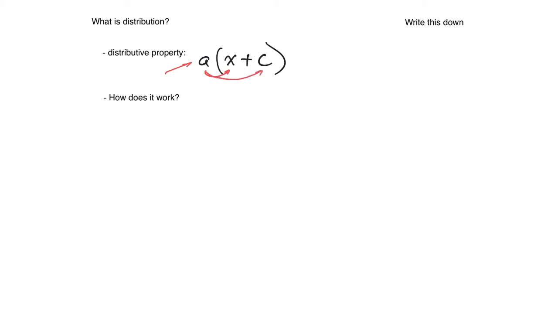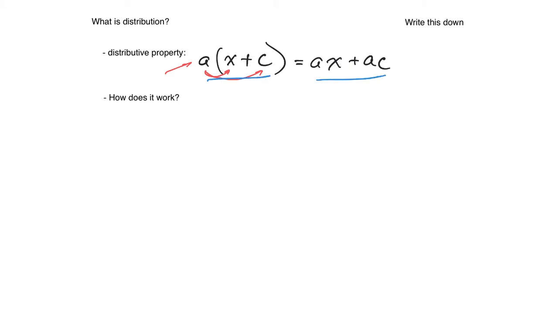Let's change this to a plus, okay? And so what we get is a times x, and then a times plus c is a times c. So this is kind of also how it works, right? I have two expressions that are equivalent.